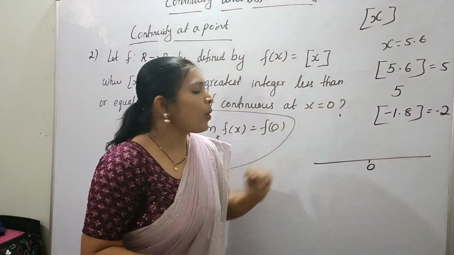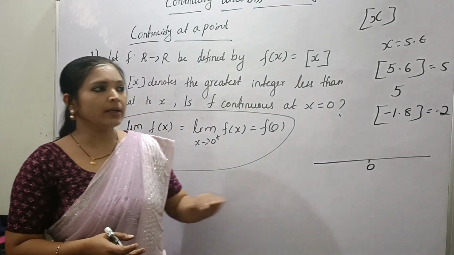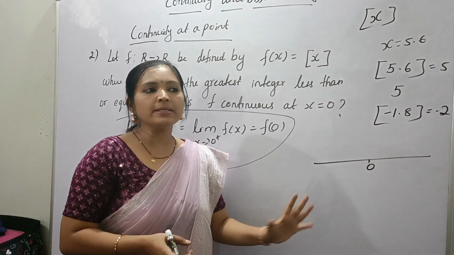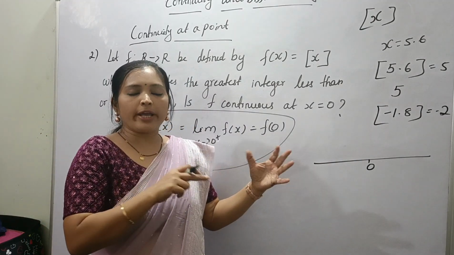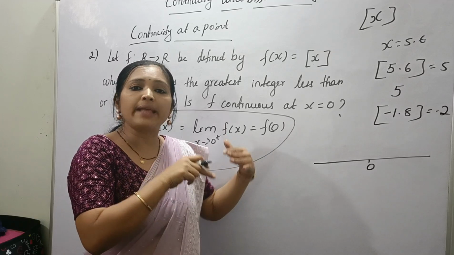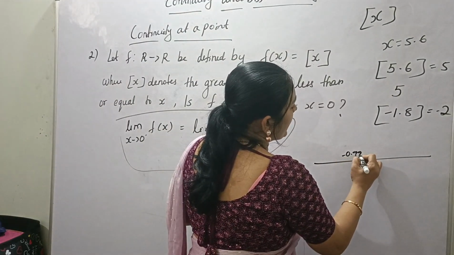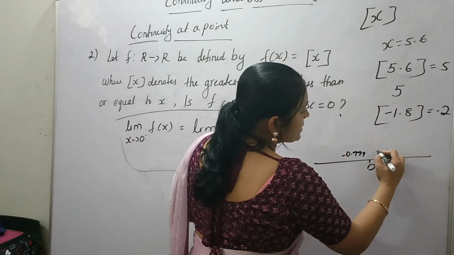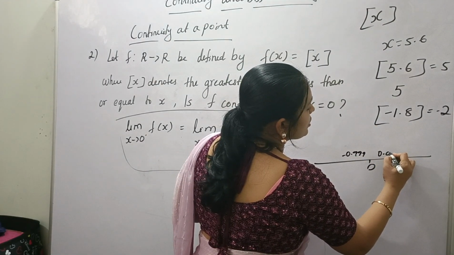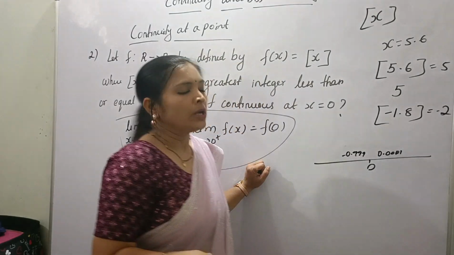At the point x is equal to 0, the left hand limit means x approaches 0, close to 0 but less than 0, like minus 0.99 something. Greater than 0 means 0.0001 something.